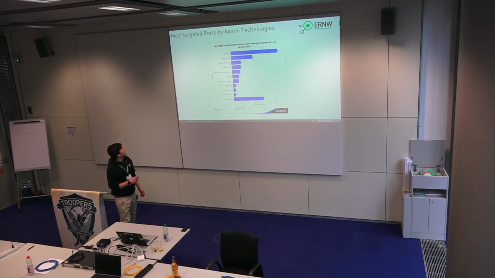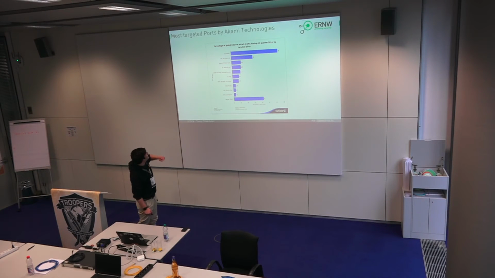It turned out that Telnet has the most global attack traffic, followed by Microsoft, 8080, port 80, and so on. And you can identify really quickly MySQL here, SSH there, and Telnet there, and we all have those ports in our database.